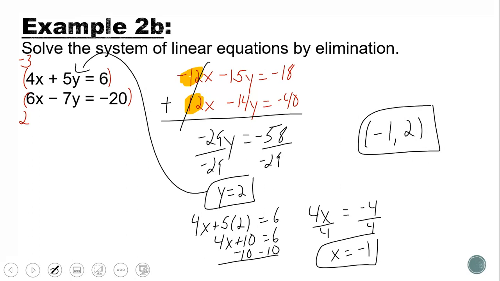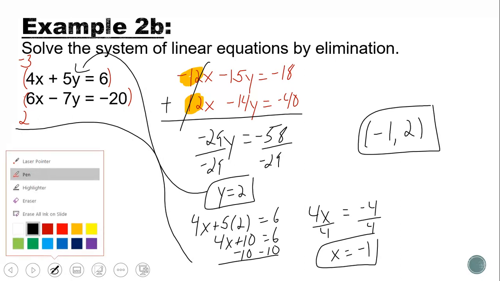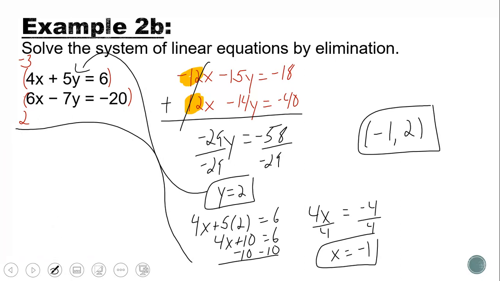Now, I want to show you just quickly, you could have, like I said, multiplied the top equation by 7 and the bottom equation by 5. In that case, we would have gotten 7 times 4, 28x, plus 35y, equals 6 times 7 is 42.